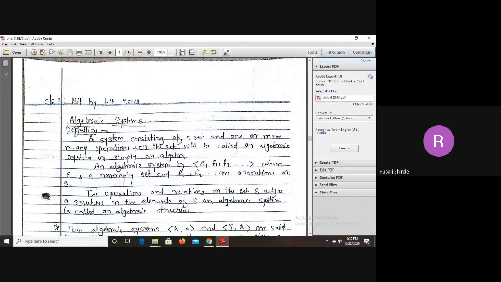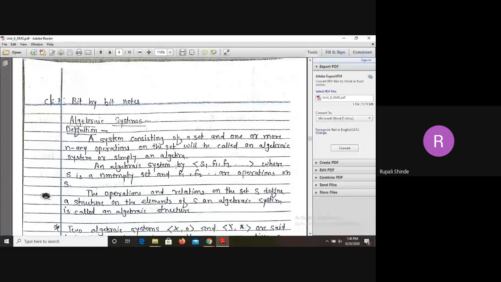So one set and its associated operations form an algebraic system. An algebraic system can be represented by S, F1, F2 and so on. Here S is a non-empty set and F1, F2 are the operations that can be performed on this set S. This is an example of an algebraic system.